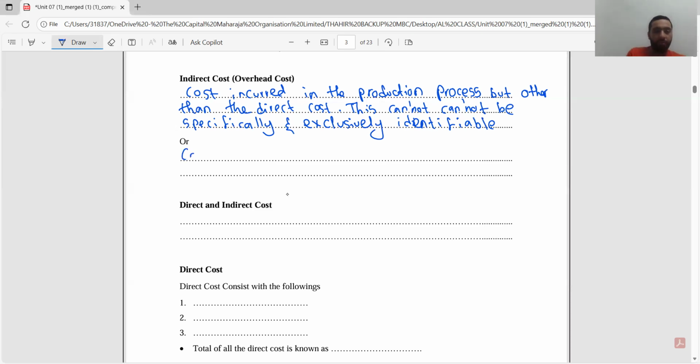Or you can say, cost that cannot be economically identifiable with the finished product.